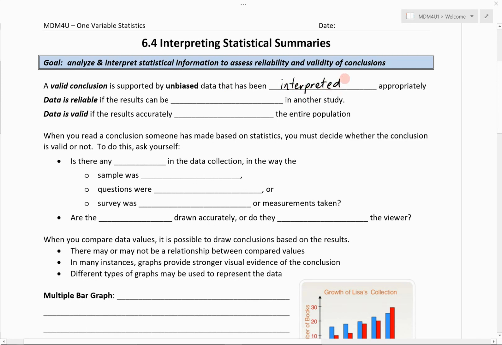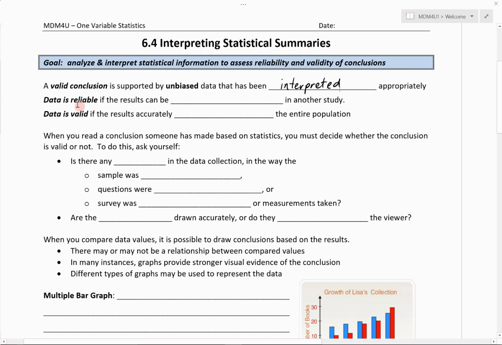Not only do you have to make sure your data is unbiased, but have you interpreted the data appropriately? This could mean use of your analysis techniques and trying to draw conclusions from those results that would make sense, and show any kind of correlations. You don't want to be connecting variables that don't make any sense, right? There has to be some kind of logical reasoning behind it.